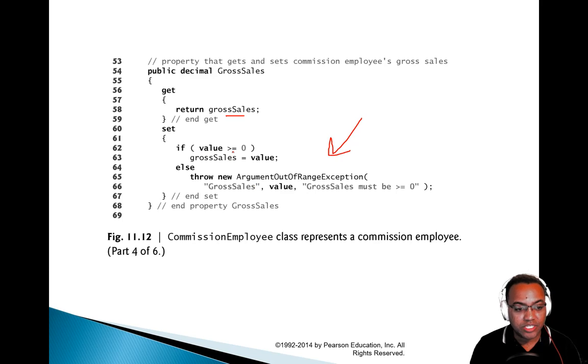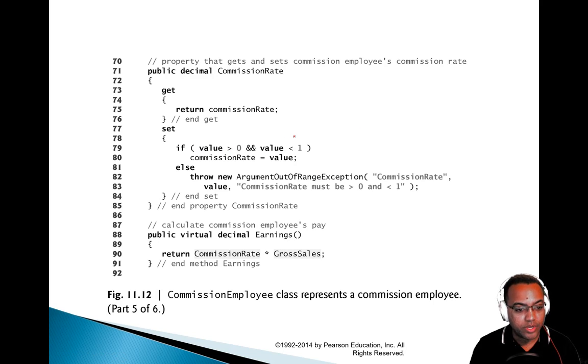If the value is equal to, and we went over this already as well. Same thing with commission rate, and here's earnings. Commission rate, the property. Notice that's the property commission rate. That's not the variable commission rate. And that's very important. The property commission rate times the property gross sales. Why do you think they did that? Because the property is what's going to be accessible outside of the base class.